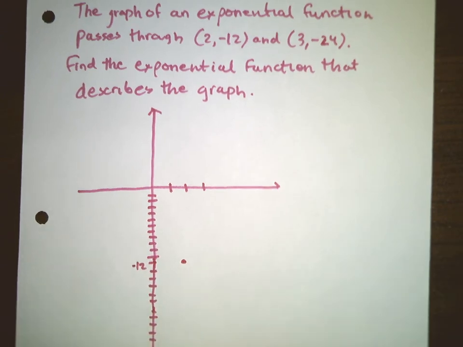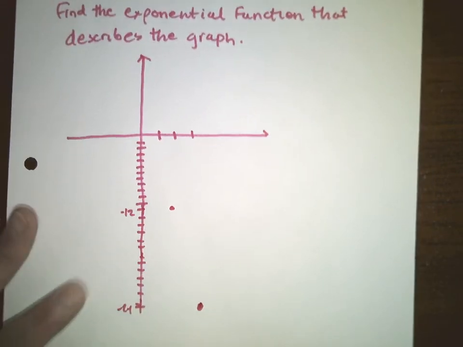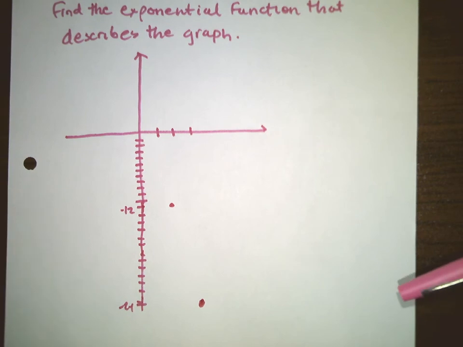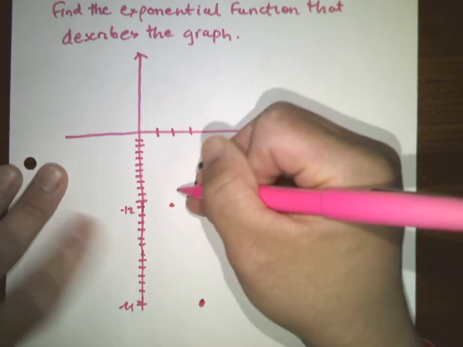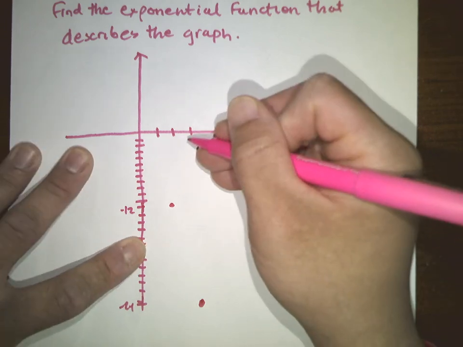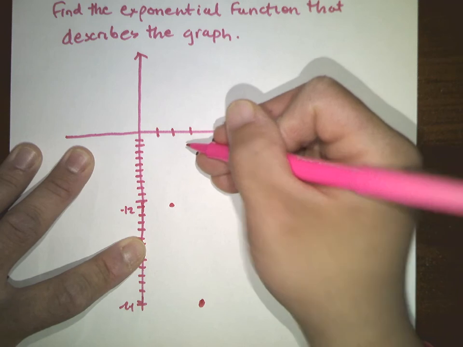And then I see here that I don't have any idea what this graph will look like, except that the points seem to be decreasing in nature.